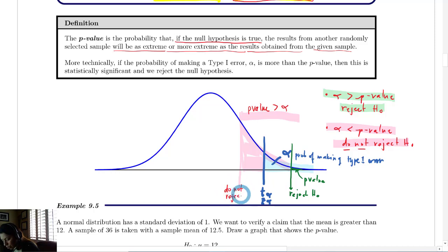Because why? Because you took another sample. The probability of taking another sample and having the same results is actually larger than making a type 1 error. Therefore, there is no change. The probability of that occurring where something's going to be different is larger than making a type 1 error. It says you do not reject the null, then there's not enough evidence to show that there's change. Keep the status quo. Keep the null hypothesis.